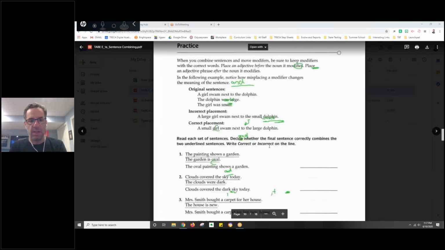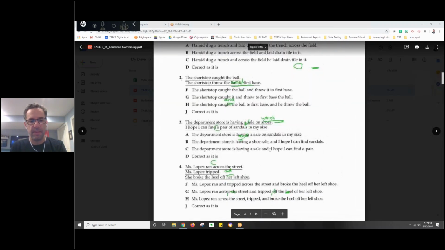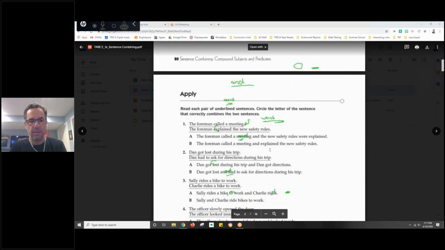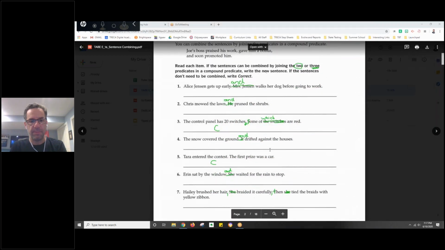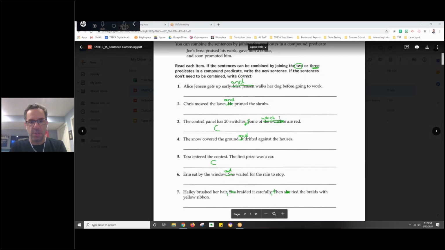Let me go back up to the top to page 80. So 3 was correct, 5 is correct, and then it told us to do this one for the last one, and maybe you had this. Haley brushed her hair, braided it carefully, and tied the braids with yellow ribbon. So that's what they say for number 7.